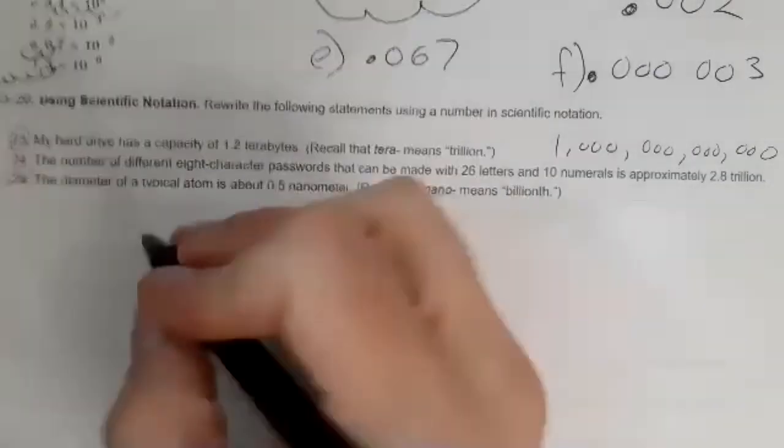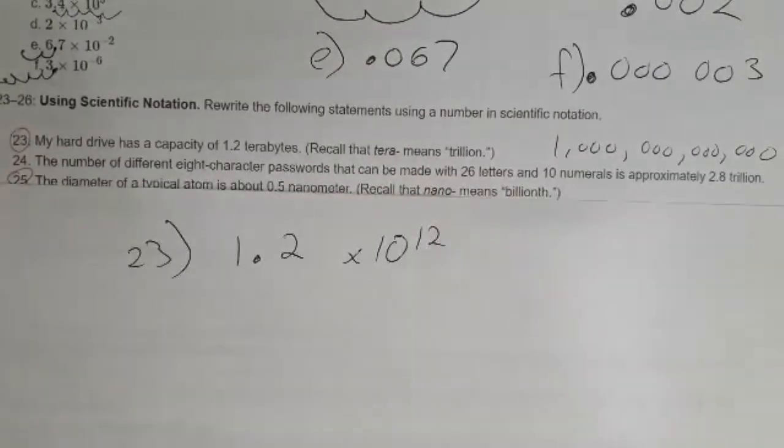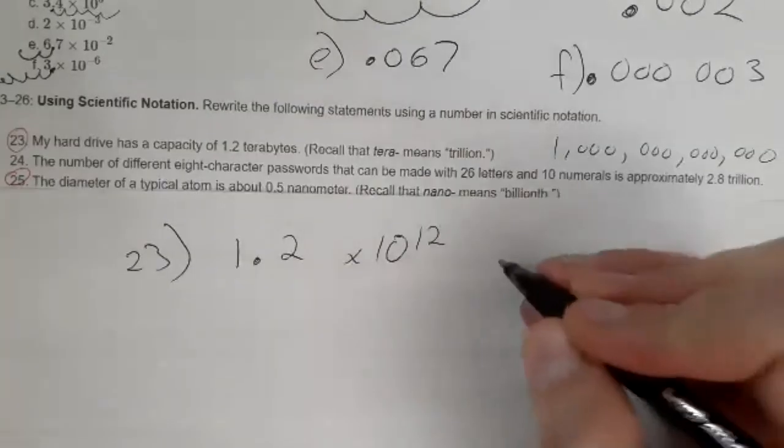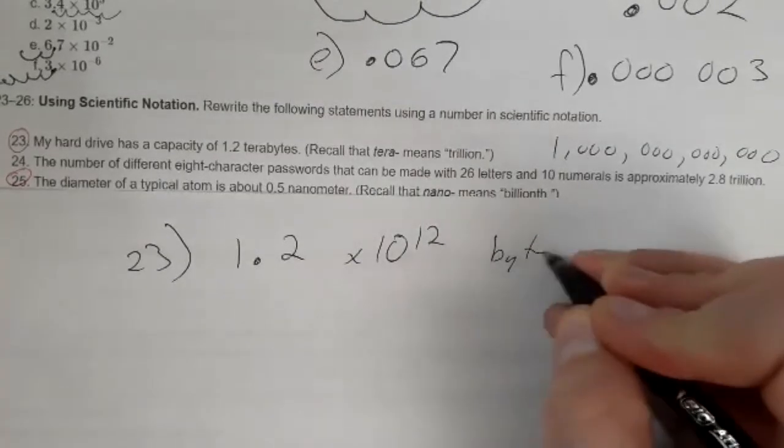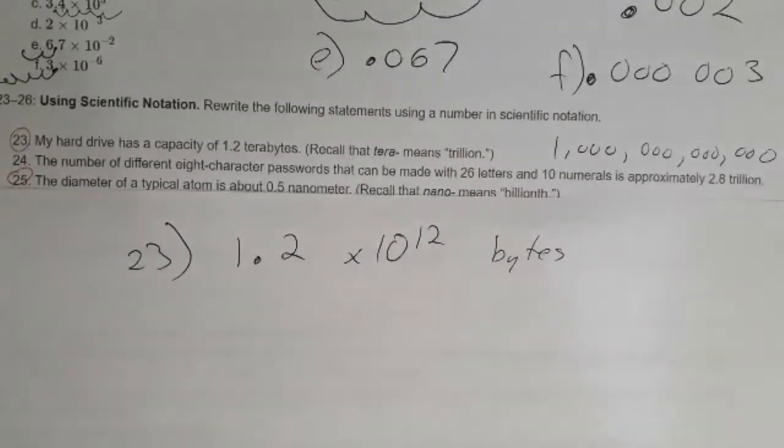That is 23. Quick question. At the end of that, do you have to put bytes as part of the answer? You could. That's probably more proper. That's a good point.